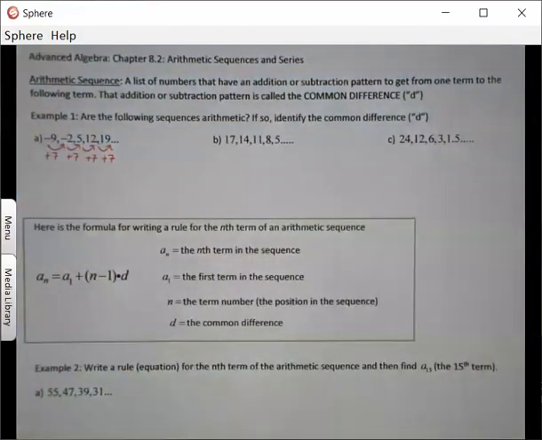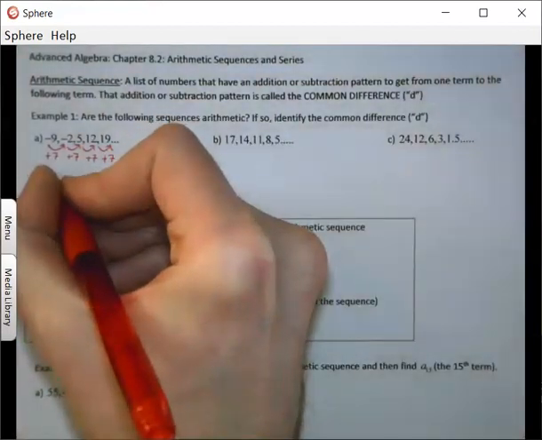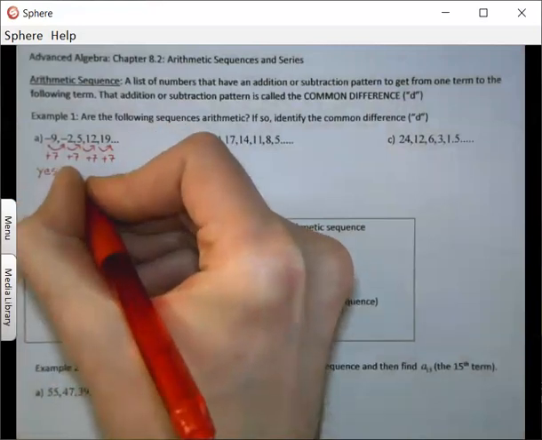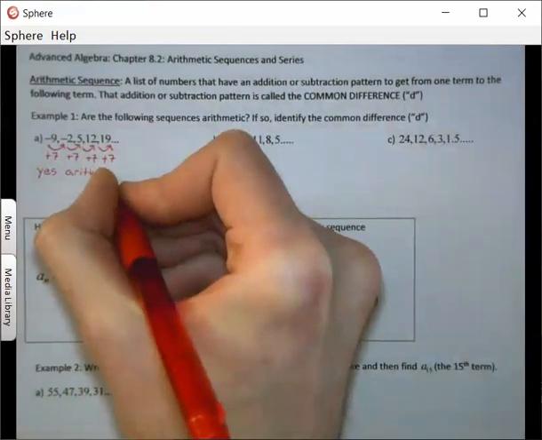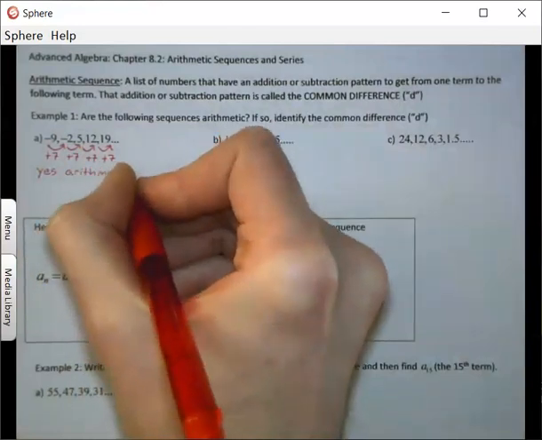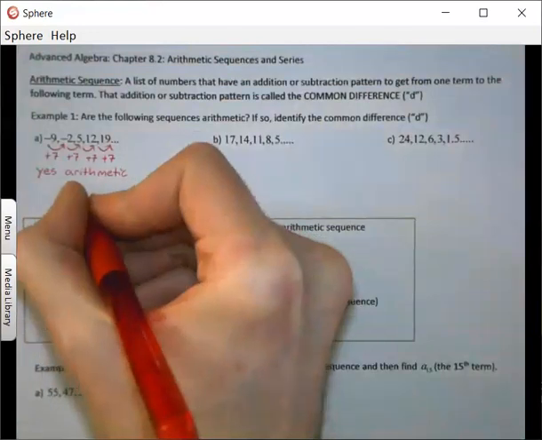So we have a pattern. We're adding the same value each time. So yes, this is arithmetic. And our common difference, d, is 7.